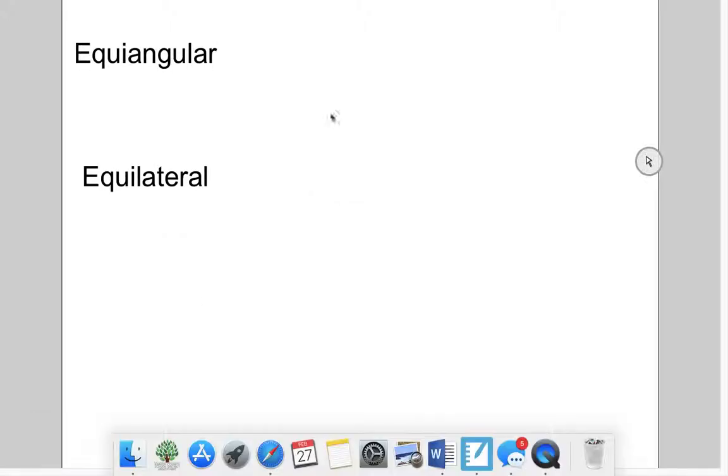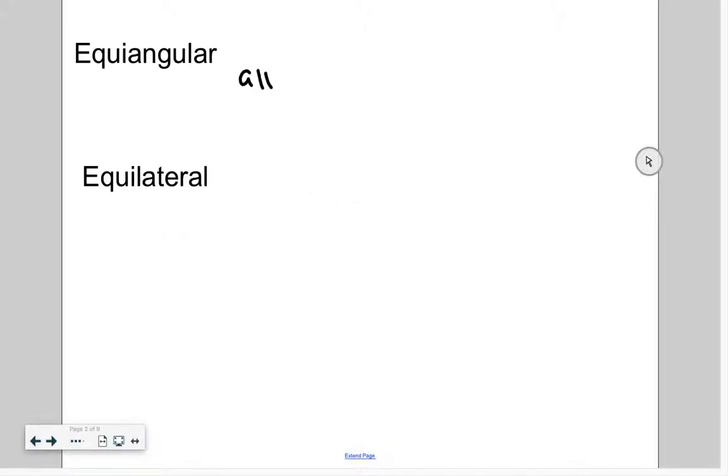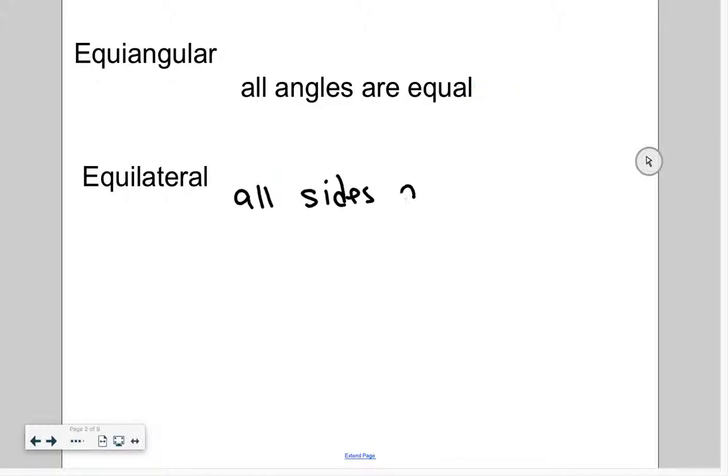Equiangular means that all angles are equal, hence equi meaning equal and angular meaning angles. Equilateral means that all sides are equal.